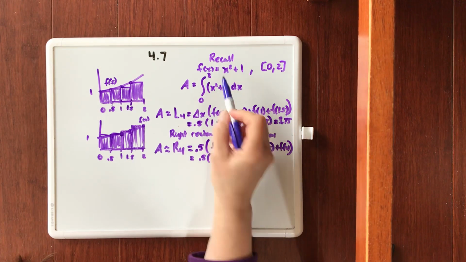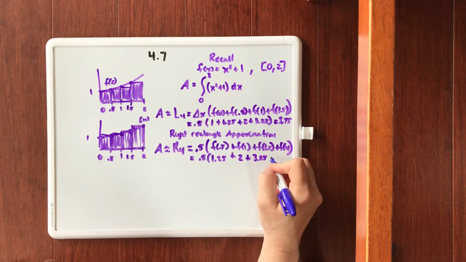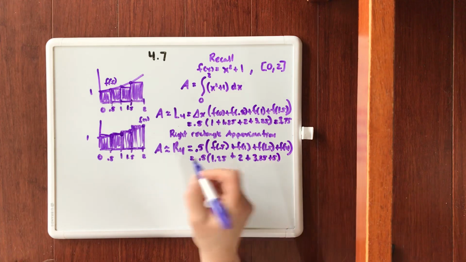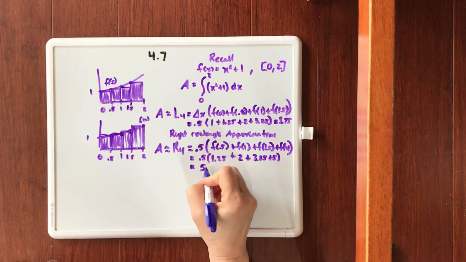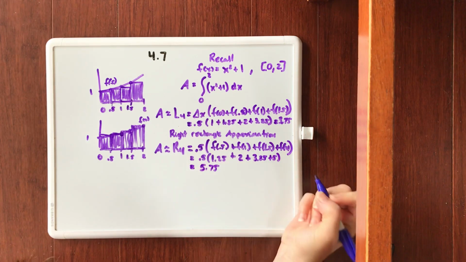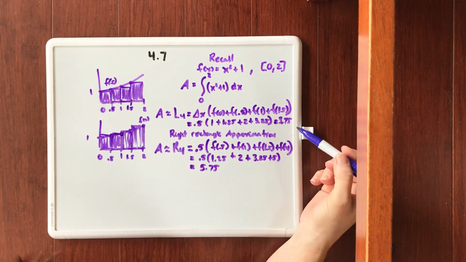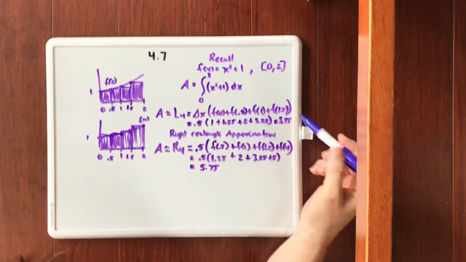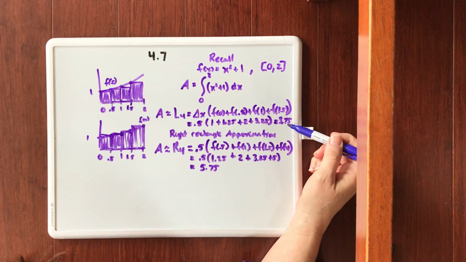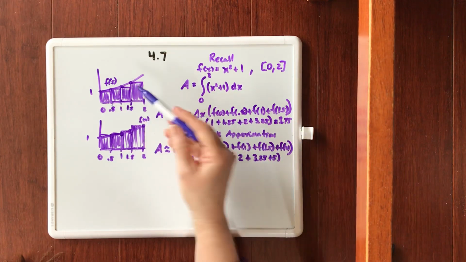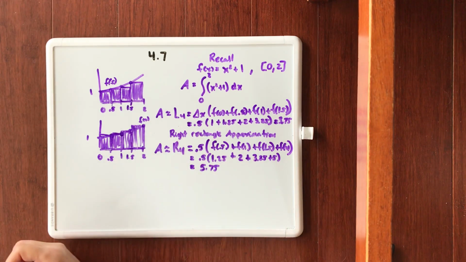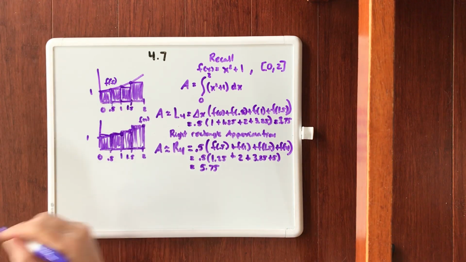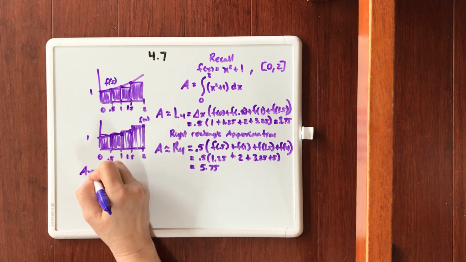We put a 2 in there, and we get 5. When we calculate that out, we get 5.75. So the area under the curve here is 3.75 and it underestimates, and the area here is 5.75 and it overestimates. What if we took the average?